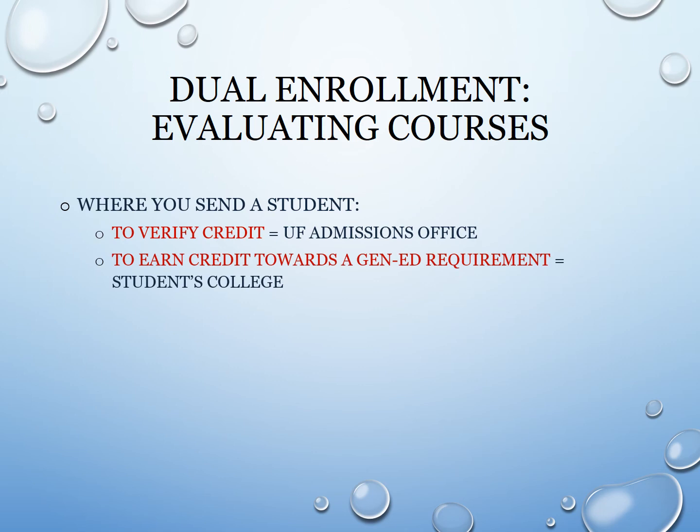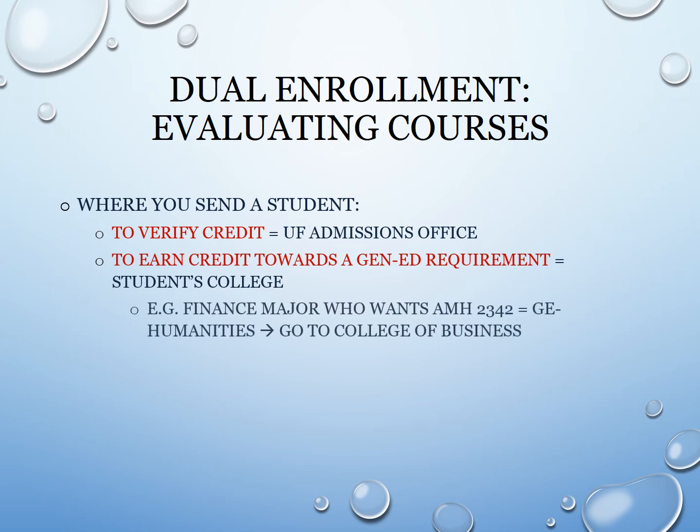Now, if a student wants credit for something they've taken someplace else, this is where we bring in that third bullet point again. If the student has credit for a class from a Florida public university or state college in the state of Florida, but it's not something that has an immediate course equivalency here, then, in addition to the private and out-of-state universities, to verify a student is going to have gen ed credit awarded, the student is going to have to go to their college, okay?